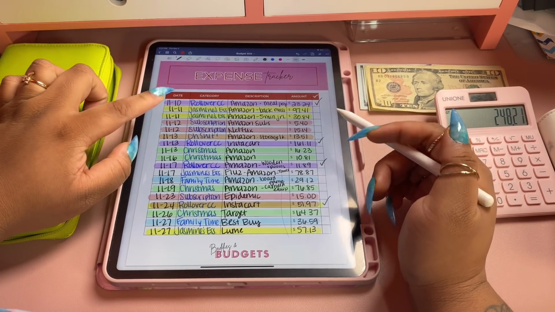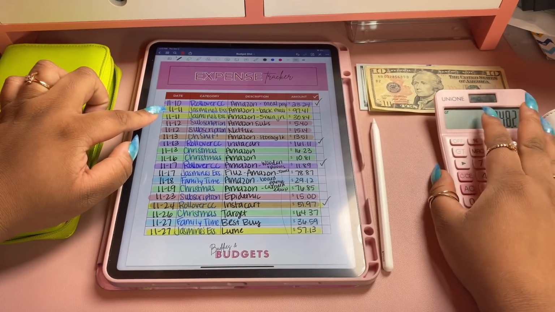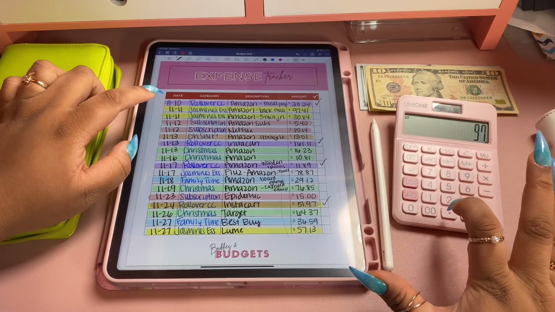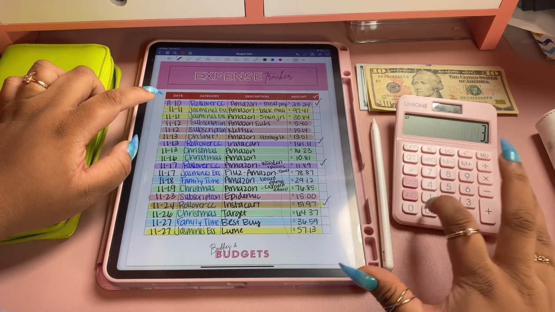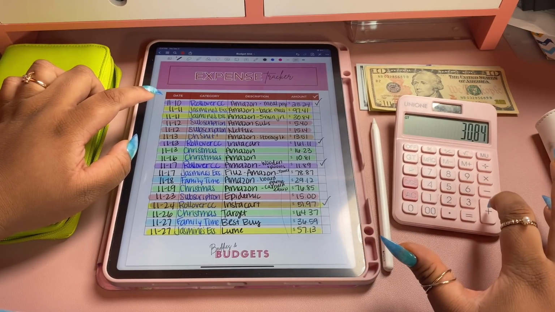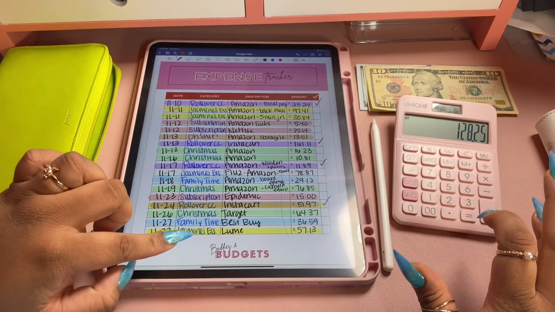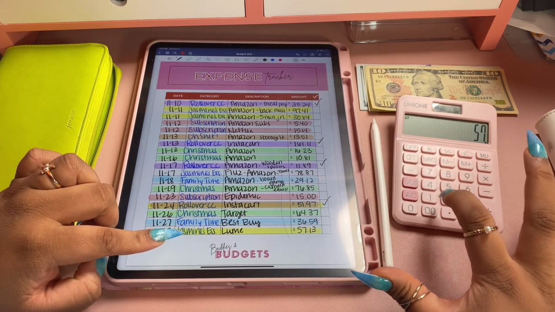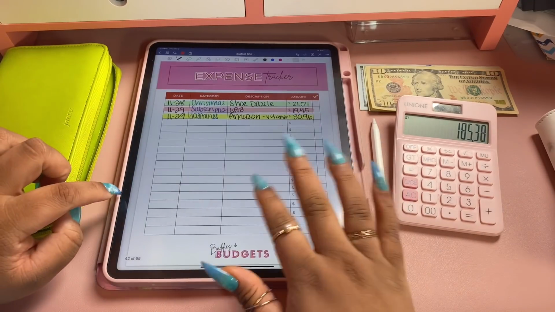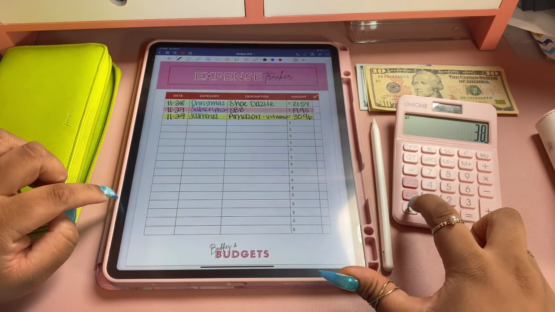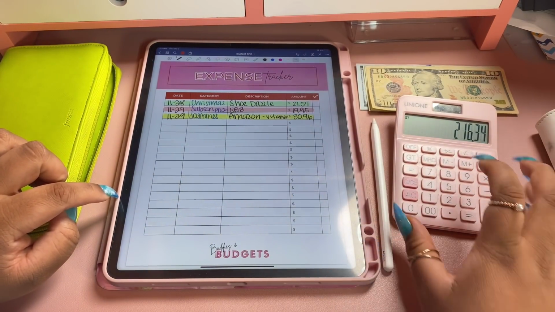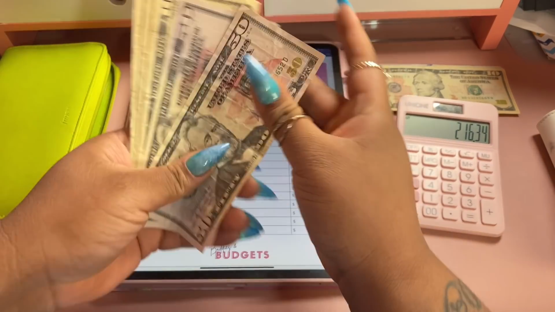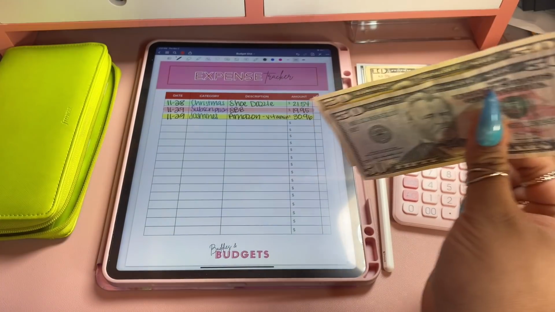Next up, we have my essentials funds. From there, I have 97.41, 30.84, 57.13, and 30.96. So that's $216.34, and I'm going to pull 100 of that from my credit card money.